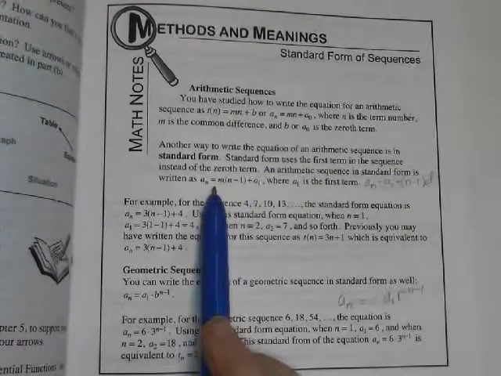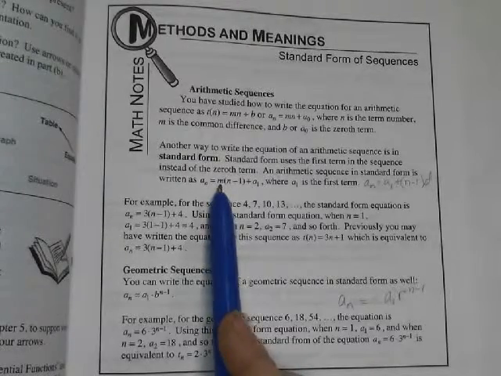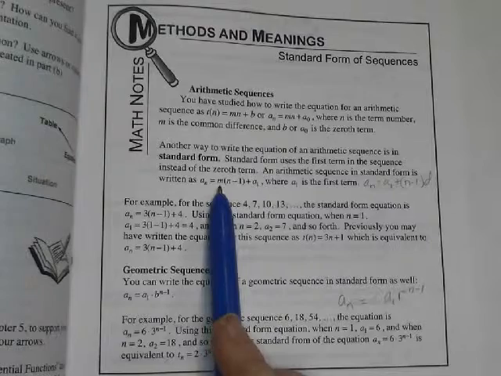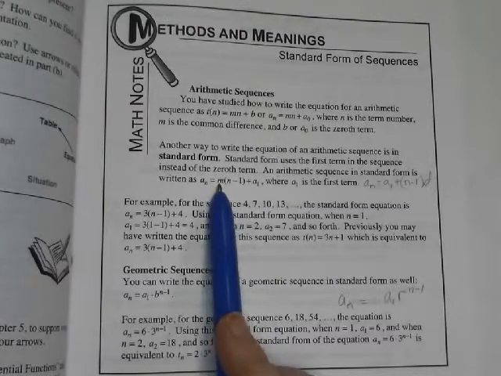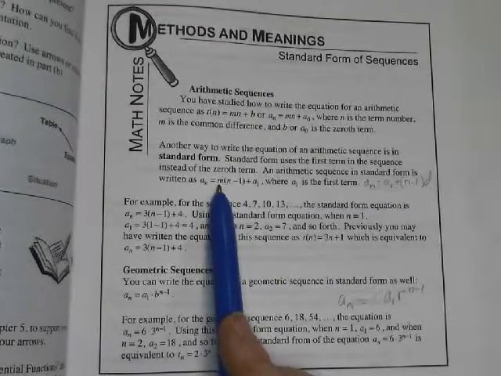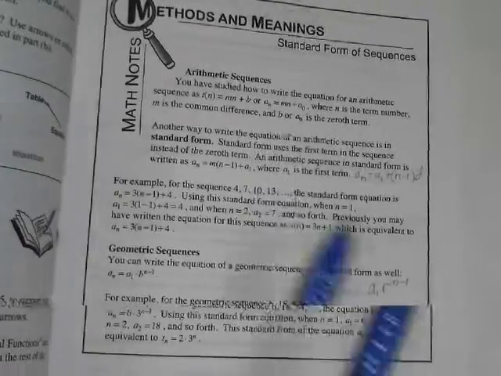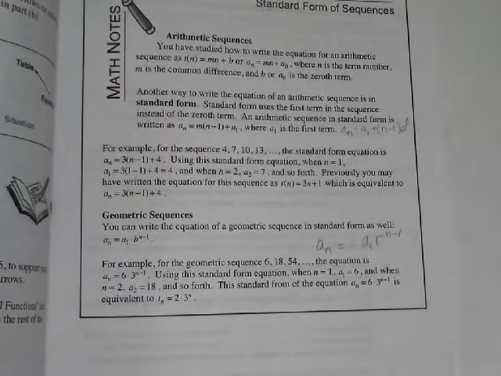On here they're writing M, because I think that they're thinking of slope, because you guys know y equals mx plus b. So they're trying to make it easy for you, I think, by calling that M. But in most books that you see, they'll call that D for the common difference. I'm just pointing some stuff out that might be interesting to you.